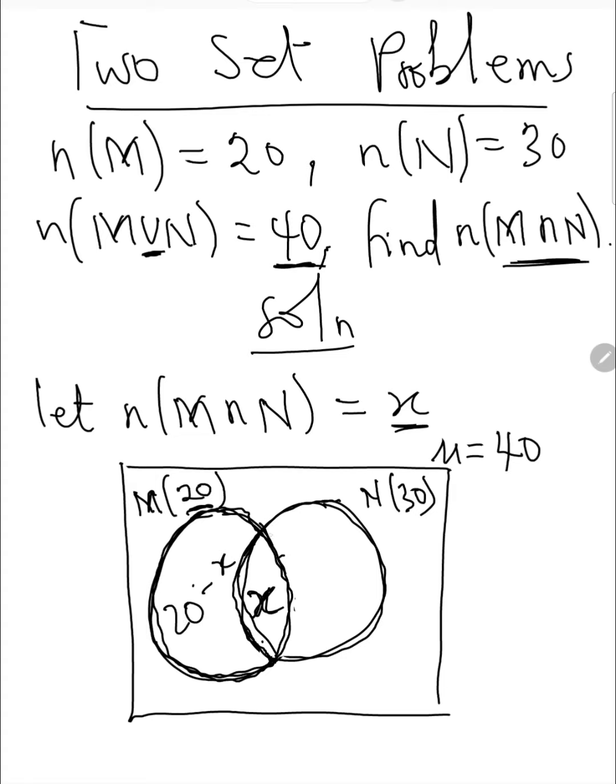In the same way, if you want to know the number of the remaining part of set N, we know all of them sum up to 30, so 30 minus the X, which can be found in both. Okay, so from here we can now find the intersection of the two sets.